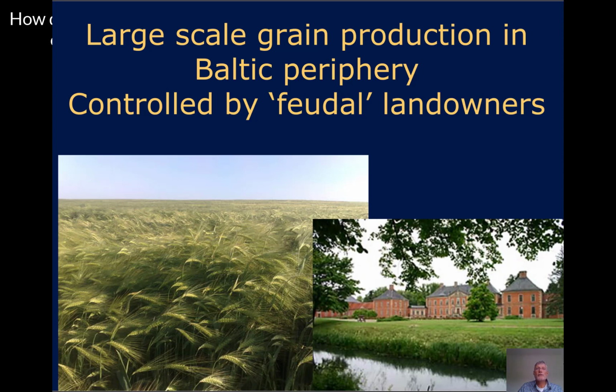Let's first of all take a look at the situation in Eastern Europe. That was the time when capitalism emerged. Capitalism, we know, is a system of freedom. In the Netherlands, freedom increased, but at the same time, there was a decrease in freedom for the laborers in a large part of Eastern Europe. They call that the second serfdom. That meant that the peasants were tied more strictly through force to the land, and they had to produce.